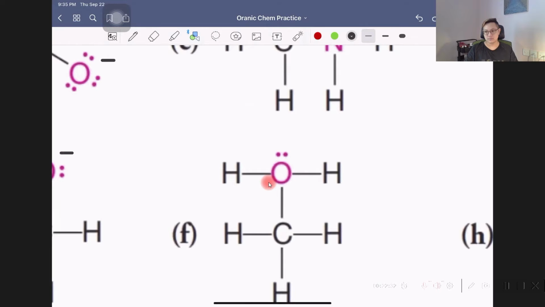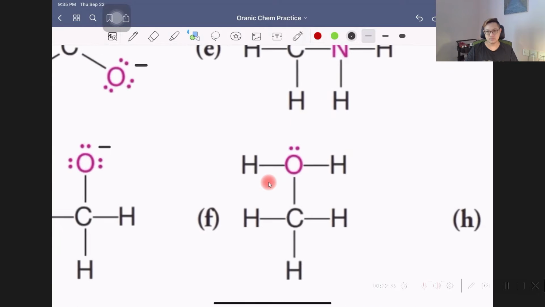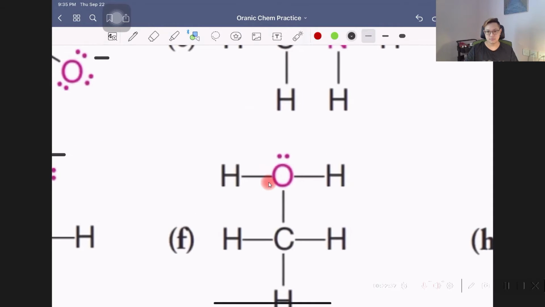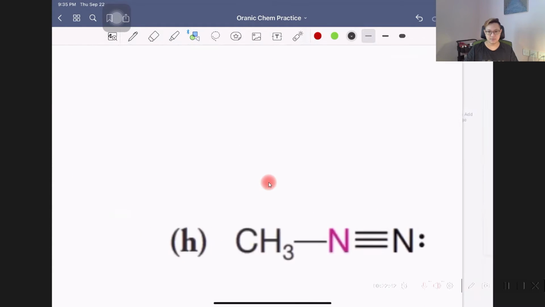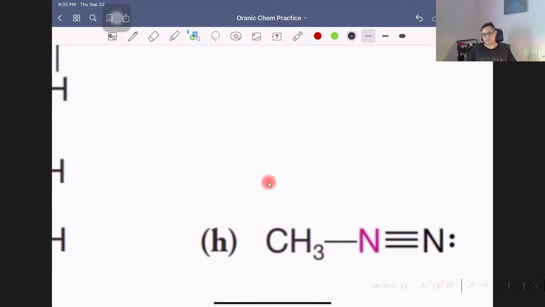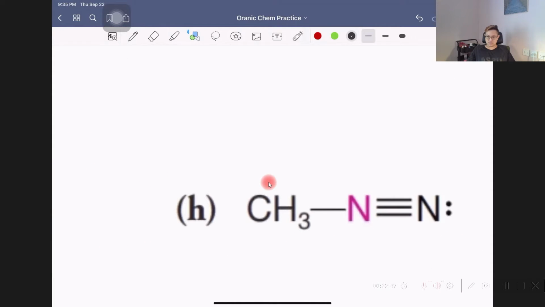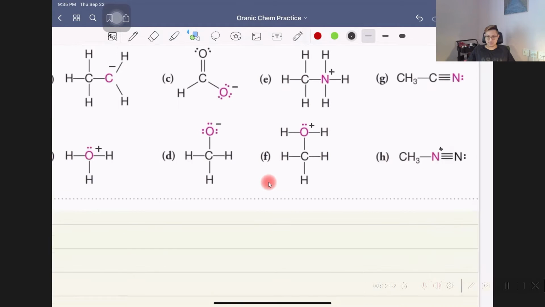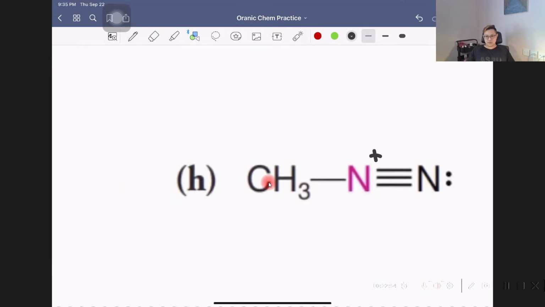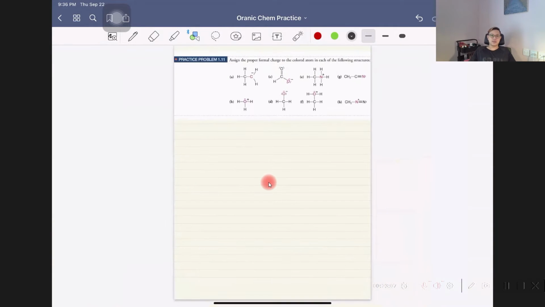Where's plus 1? 1, 2, 3, 4, 5. 5 electrons right here, and one is missing, so plus. How about this right one? Plus 2. Sure about that? Wait. 1, 2, 3, 4, 5 minus half of 8, which is 4, so plus 1. Oh yeah, plus 1.